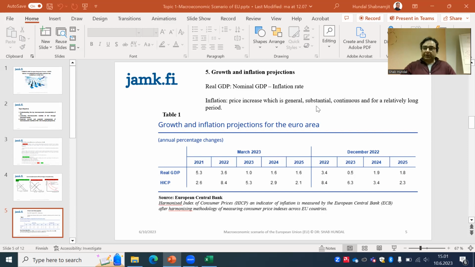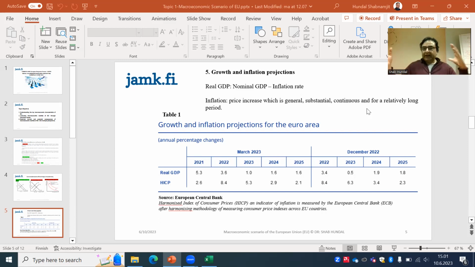It should be substantial, quite big enough to call it inflation. It should be continuous, not coming and going. There should be a consecutive, continuous increase in the price. And the time period cannot be 1 day or 1 week, but a fairly longer period of time.